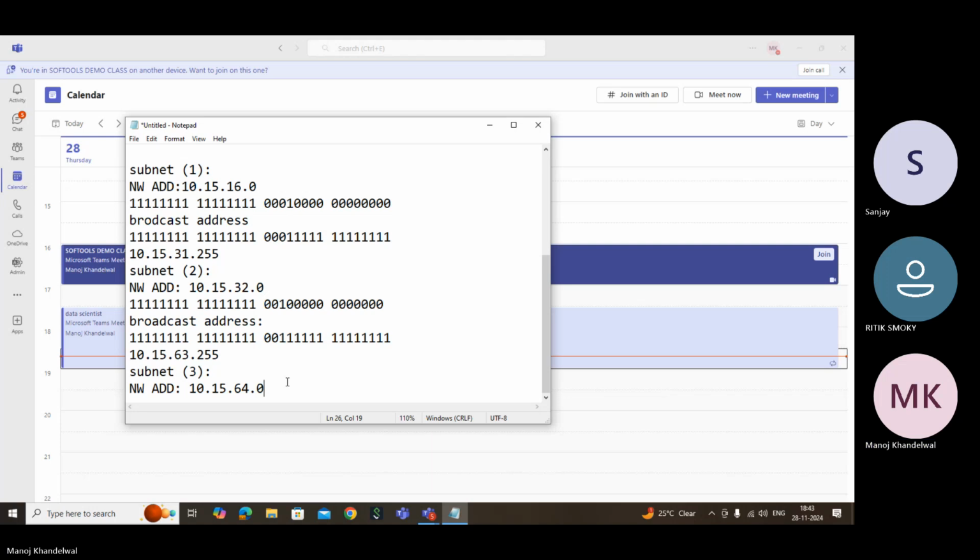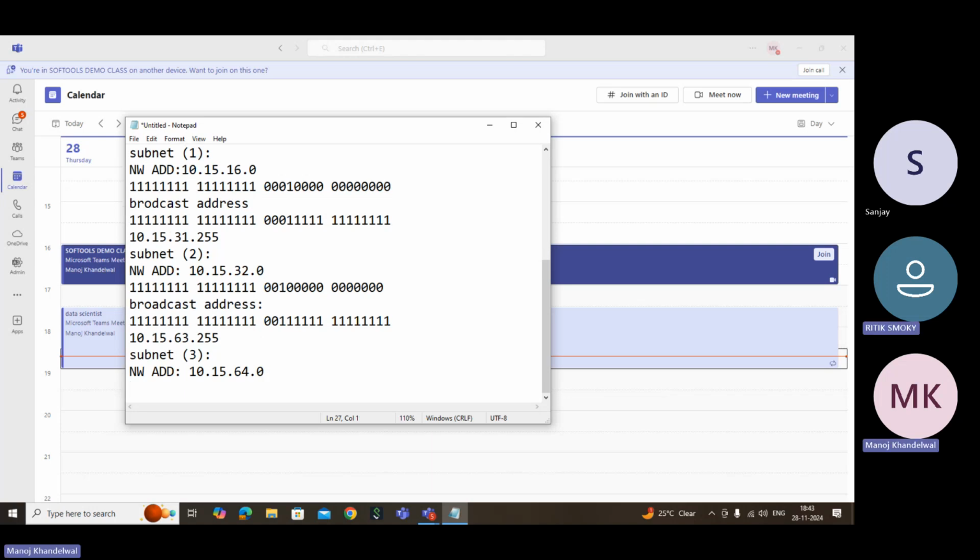Now let's go to, Ibrahim, hello. Yes. Can we again check this 64? It could be 0 0 double 1 then 4 times 0. Again, the subnet, the decimal part. Yes, 10 point 15 point.